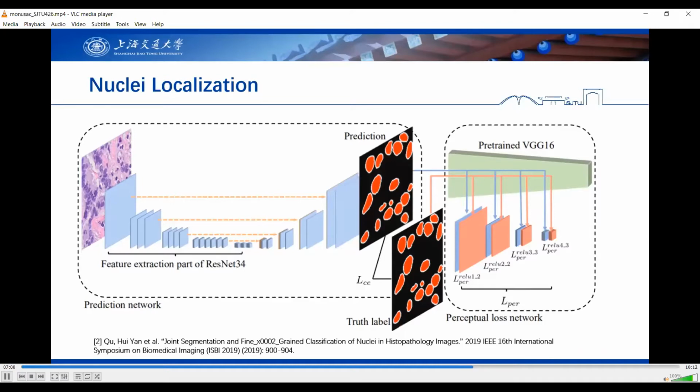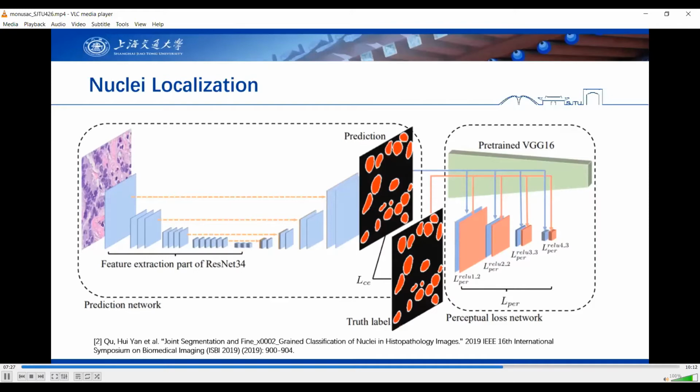The perceptual loss network is utilized to improve the segmentation accuracy of details in the image. The pre-trained VGG16 model is a feature extractor and is fixed during training and test. 4 levels of features are extracted using this network for the output of the prediction network and the ground truth label.